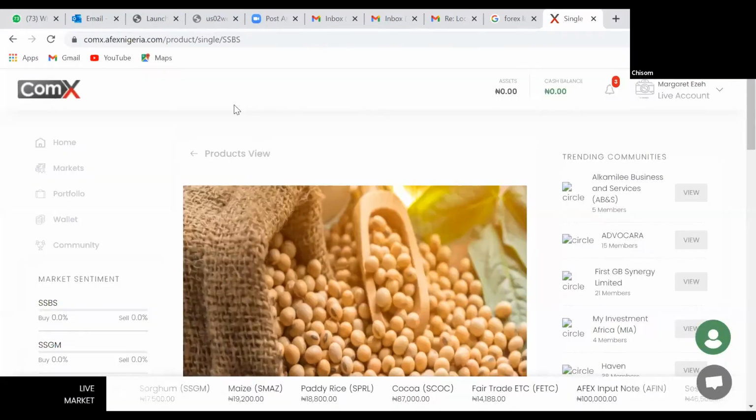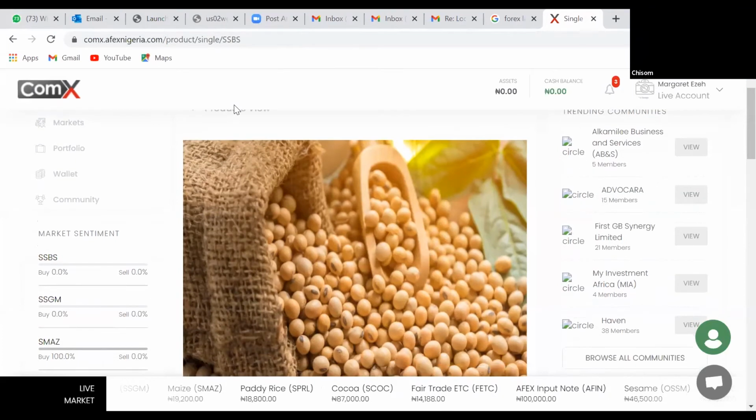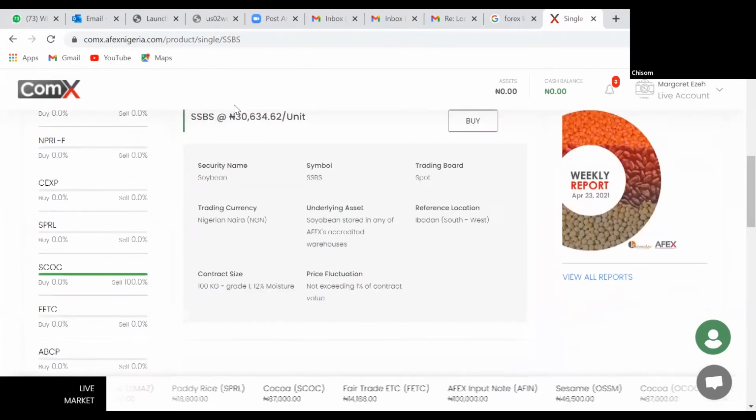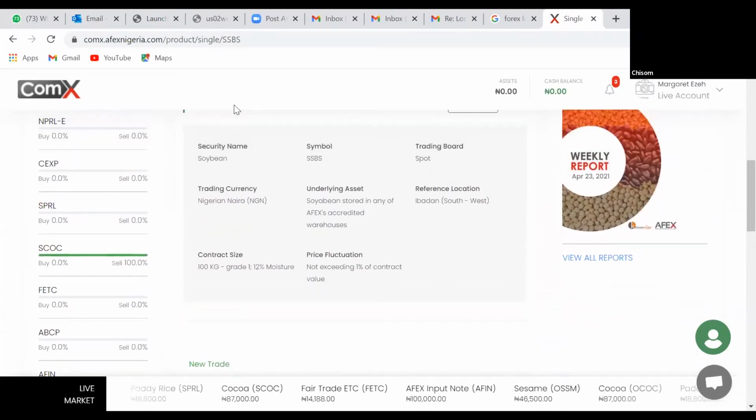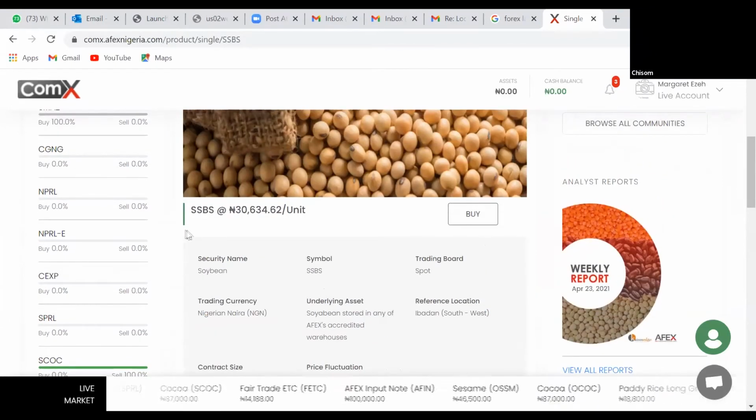When you click on a commodity to buy, this is the page. We clicked on soya beans, and this is basically what pops up. It shows you the information that you need. Soya beans is currently 30,000 naira per unit, and then you just click on buy.